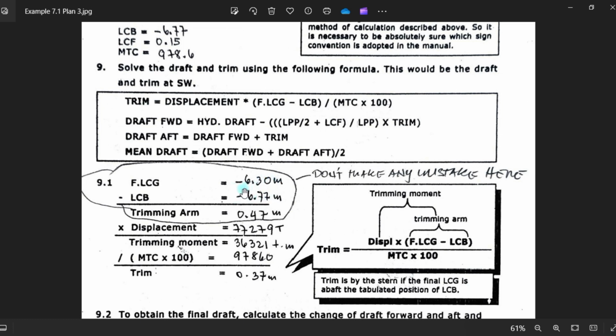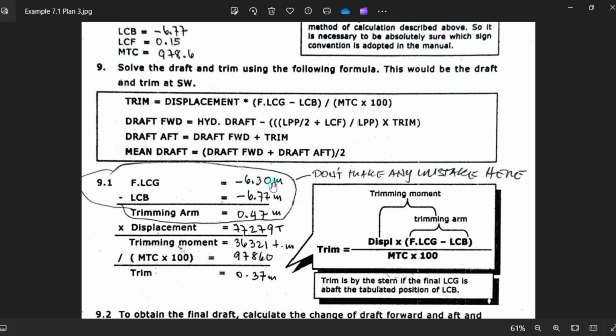if your LCG is behind the LCB, meaning your trim will be, you are trimmed by the stern. You are trimmed by the stern. Okay, again I say, if your final LCG is behind LCB, then you are trimmed by the stern.